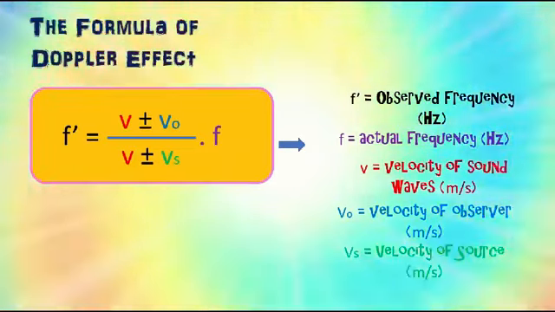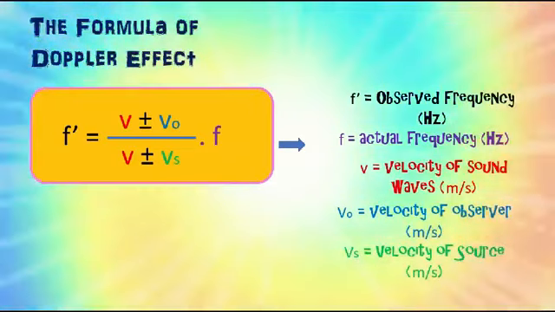And vs is the velocity of source, the unit is meter per second.